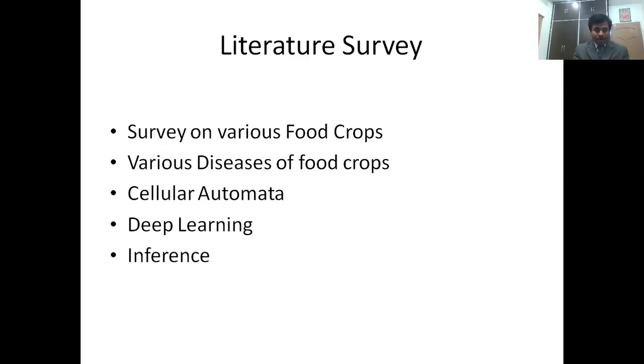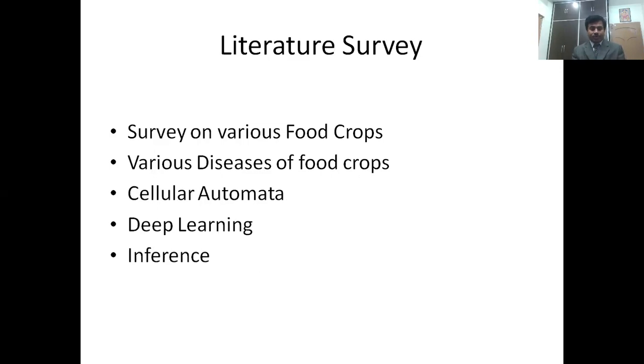And the most important technique that we have surveyed is the cellular automata technique, where the cellular automata is a set of cells on a grid. This cellular automata will help us to incorporate dynamism into the project. And the deep learning technique is one where fuzzy logic with dynamic nature was employed in such a way that we will get appropriate decisions at appropriate times.